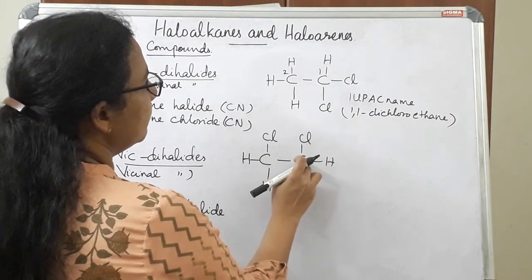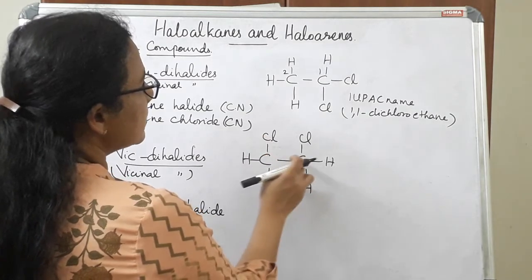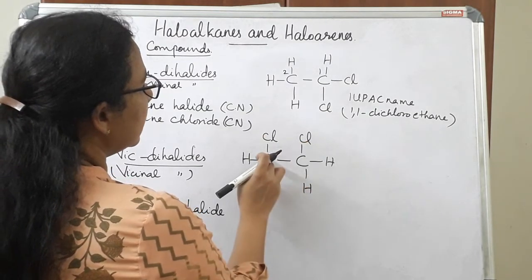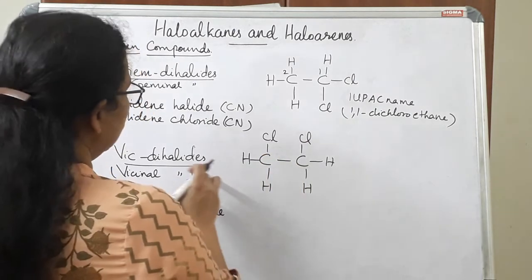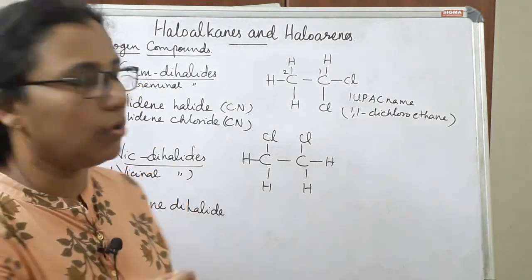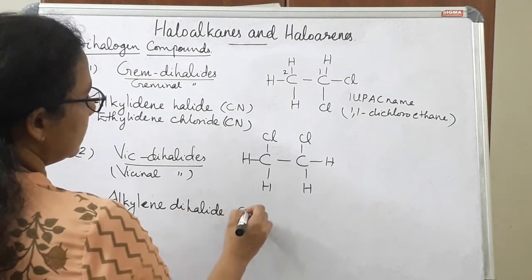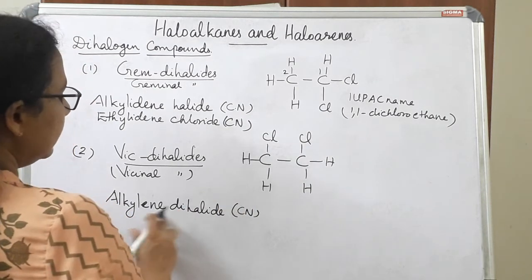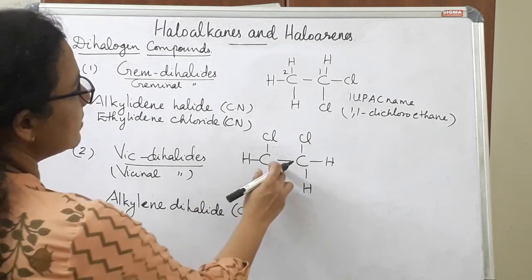One halogen is attached to this carbon, and the other halogen is attached to this carbon. If the two halogen atoms are attached to the adjacent carbon atoms, these halides are called vic dihalides or vicinal dihalides. The common name is in this format, that is alkylene dihalide.